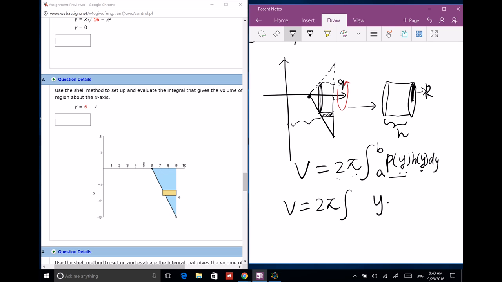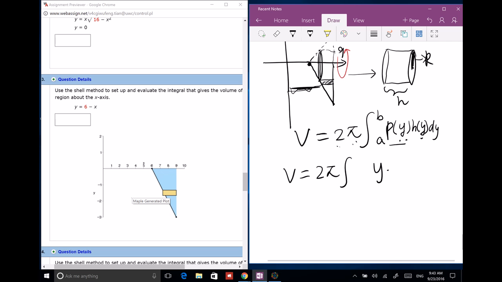And then you can use 9 minus this part, which is the x value. So the height h(y) equals 9 minus your x value. For any point you have an x value here, right? 9 minus that x value is this part. So it's 9 minus x.